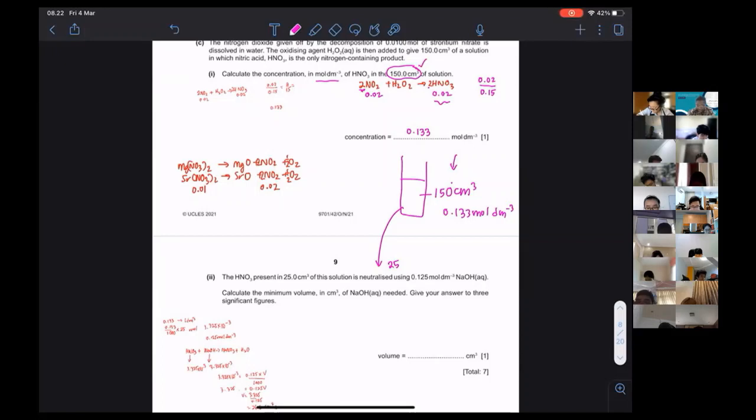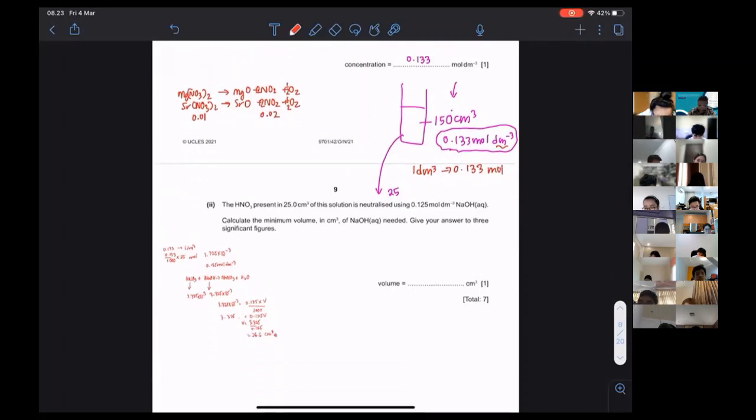But you have calculated the concentration, so you cannot divide this by 6. This is very important. I divided that by 6, and I'm telling you based on my experience, that is wrong. You cannot divide by 6, because that would tell us that every 1 dm cube contains 0.133 mole.